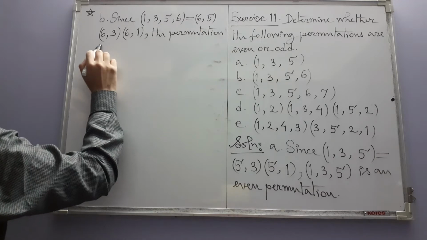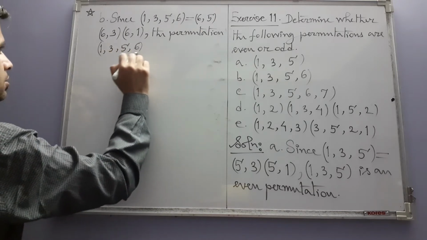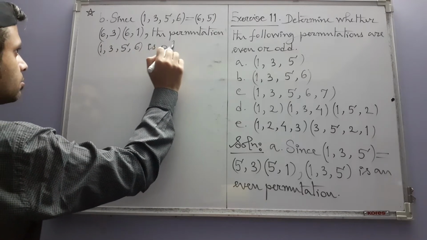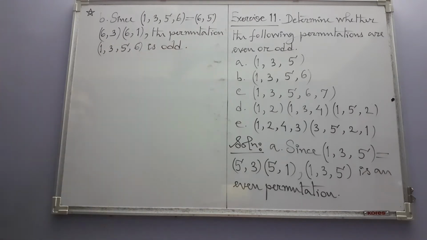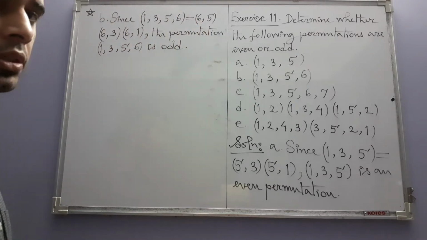The permutation 1, 3, 5, 6 is odd because there are 3 2 cycles. That number 3 is odd.